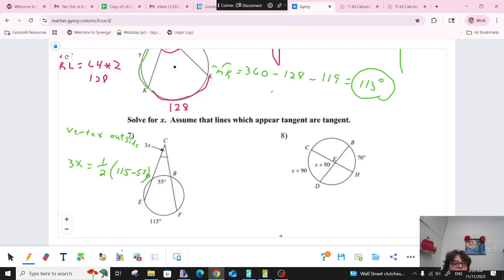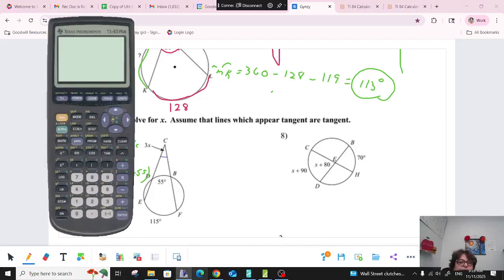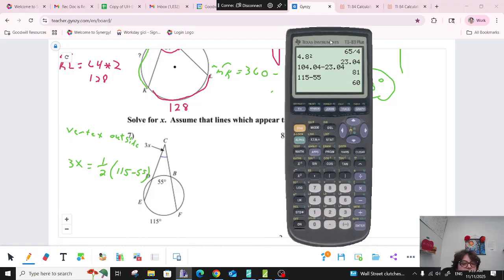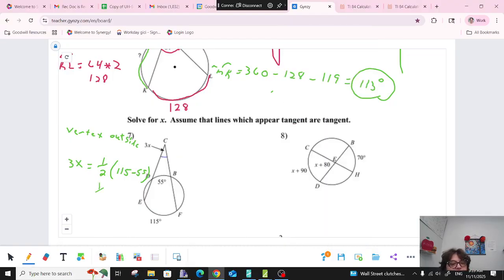What's 115 minus 55? 115 minus 55 is 60. And I need half of that. Half of 60, so 3x would equal 30. What would x equal? 10. And I think that's all they asked. Solve for x.